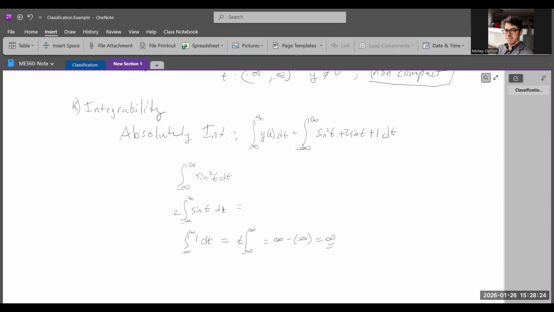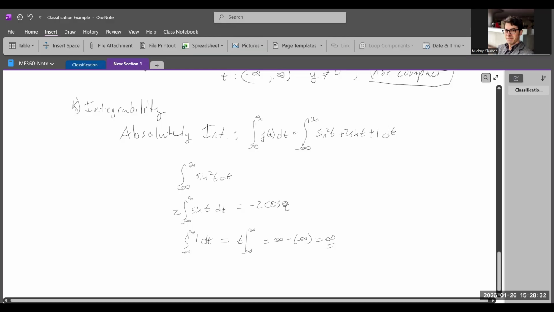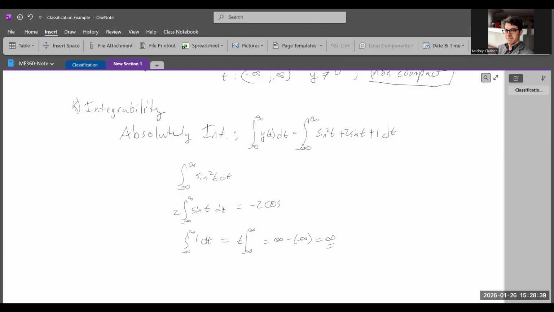Integral of sine is known as minus, so we get minus 2 cosine theta, or t. I'm using t's, not thetas. T from minus infinity to infinity. Now this could be minus 2, so sometimes this is 0, and sometimes this is minus 2, right?